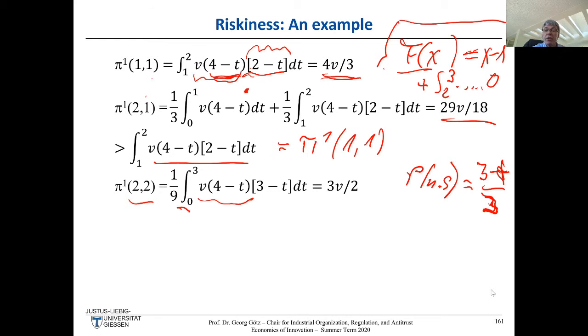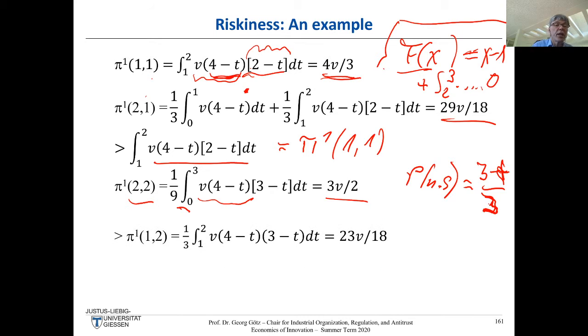That's what we have here. I have also described and explained that at some length in the notes, but it should be straightforward, and it's rather intuitive. Once you get that, you get here 1.5 times v. Hopefully all these terms are clear. Here it should also be clear: if your rival chooses the risky technology and you choose the safe technology, you can only be successful in this part.